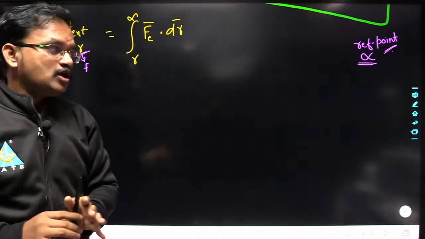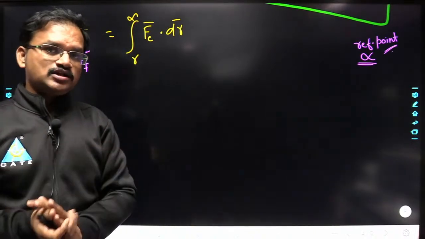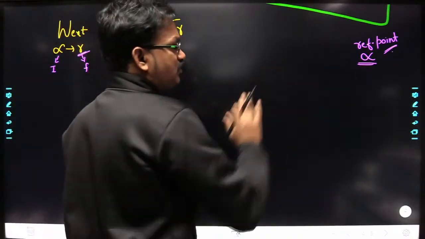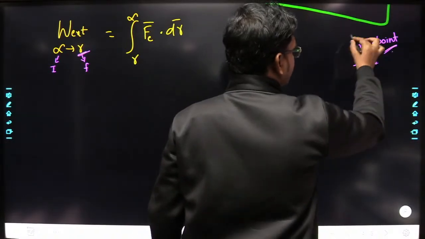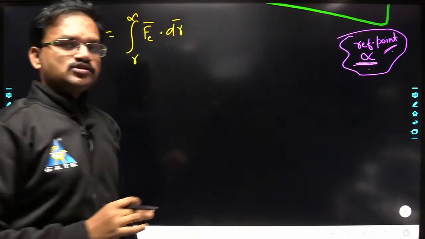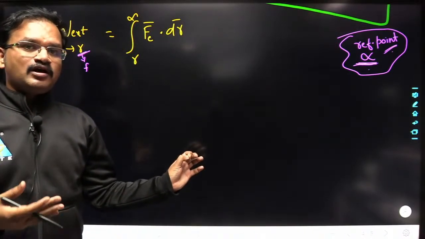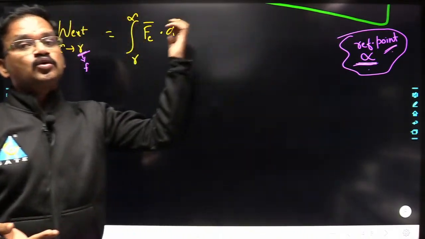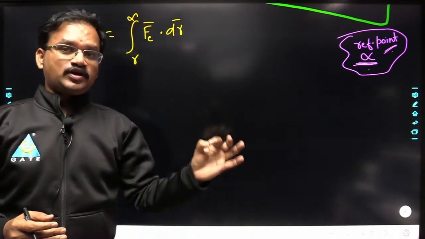Absolute values of potential energy are meaningless, so always it is defined with respect to some reference, and we are going to consider our reference point as infinity. If I ask what is the potential energy at a point, I mean the potential energy gained in moving the charge from infinity to that point. So always I will say gain in potential energy.